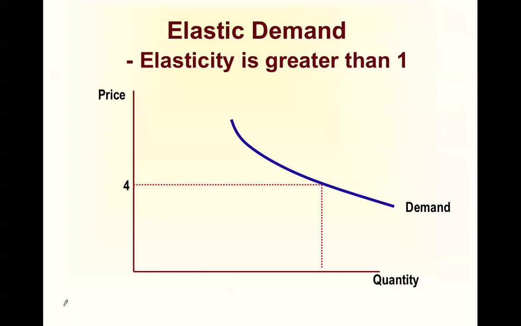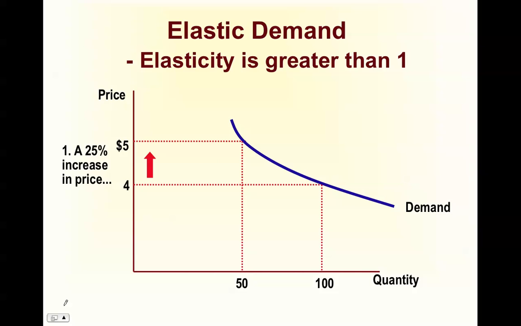And this is the case of the elastic demand curve. Here we have an increase in price leading to a greater drop in quantity. So this might be for a particular brand of coffee. Let's say Folgers went up in price and none of the other coffee brands went up in price.